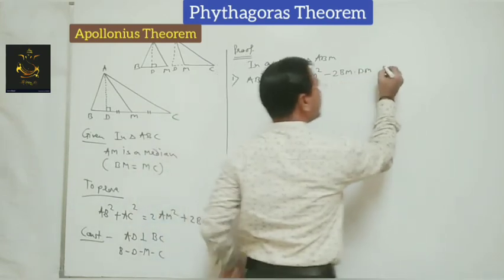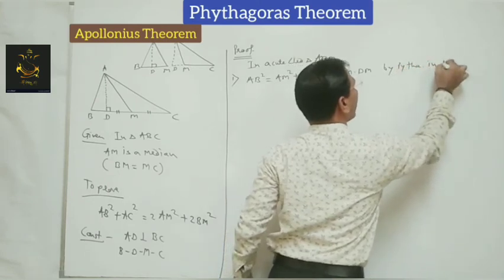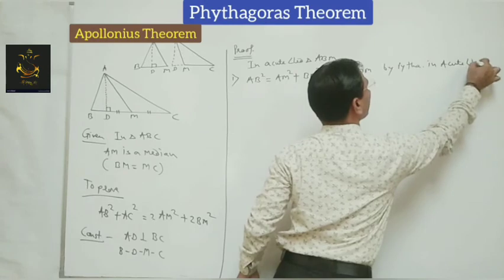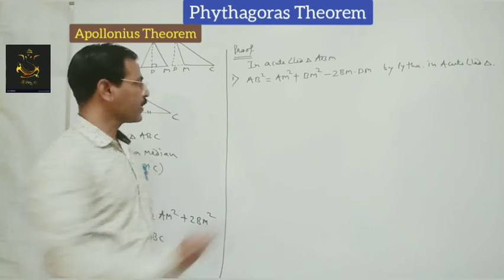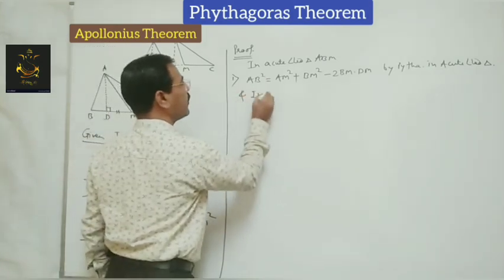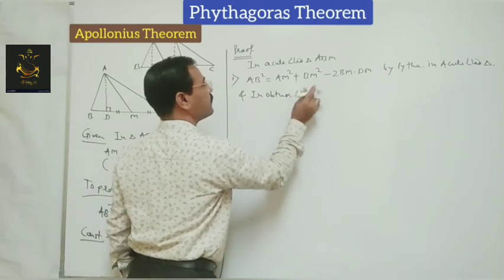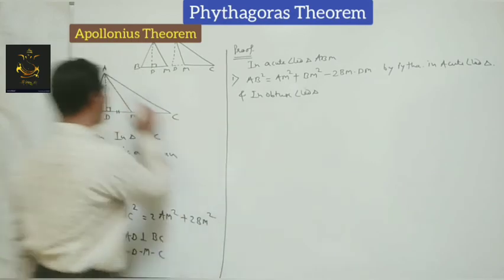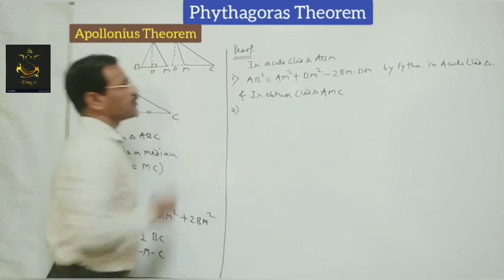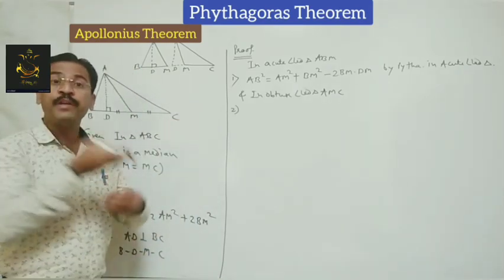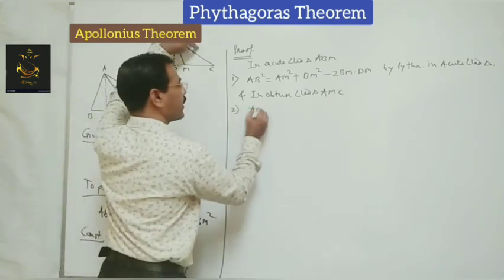Okay, now we can write here, this is by Pythagoras in acute angled triangle. Now in obtuse angled triangle, which one? I'll take here AMC. Here also it is very similar, just what we proved in the previous property. This is AC square. Remember how we write this one?